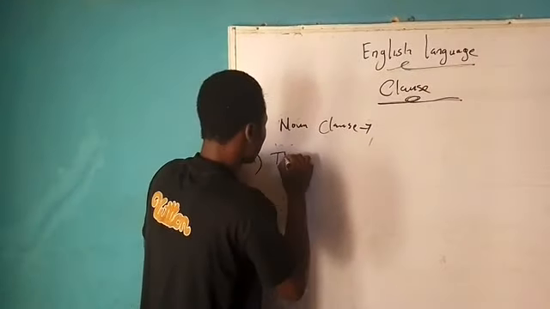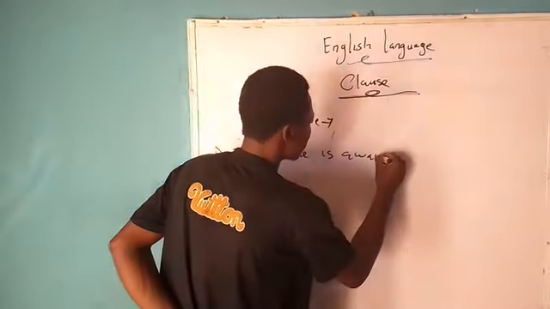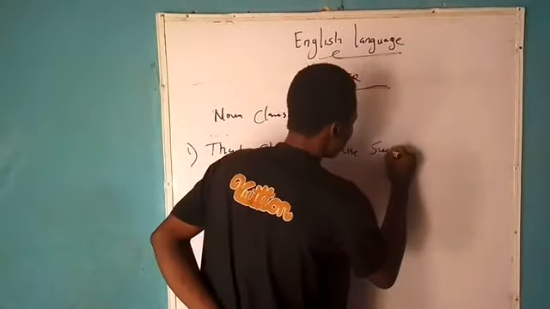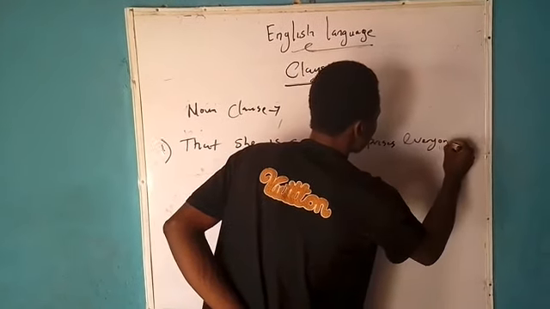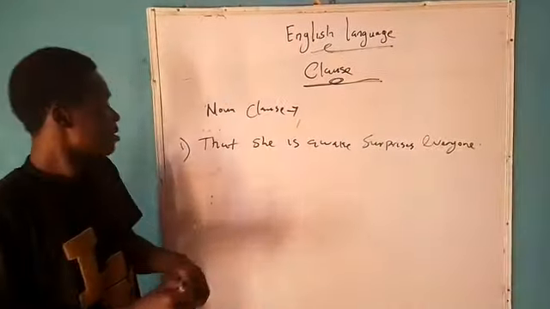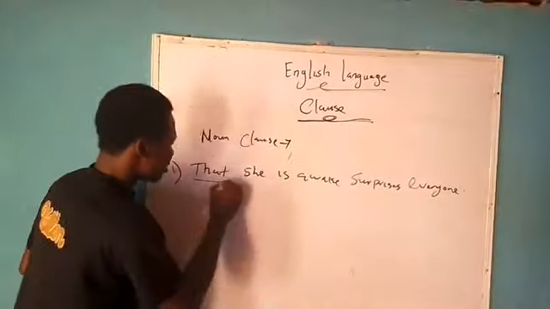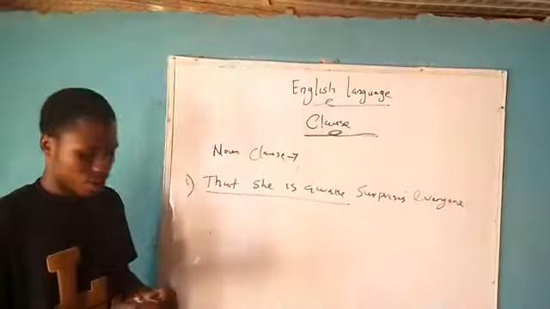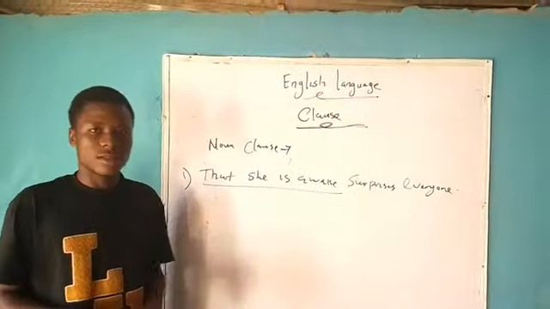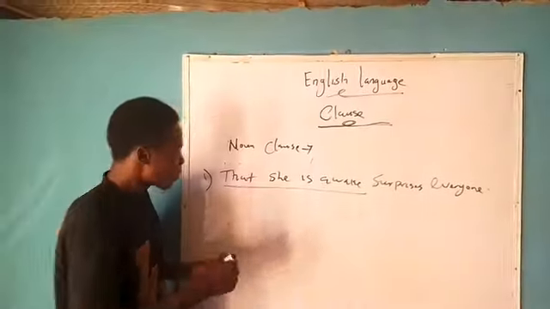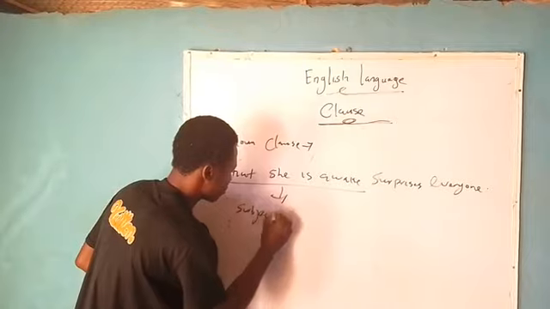Number 1: That she is awake surprises everyone. Look at it. That she is awake is a noun clause in this sentence. If you look at it very well, that she is awake is acting as the subject of the sentence.